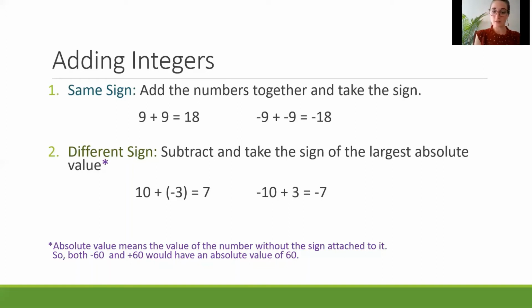So I would go -10, -9, -8, -7. There's our answer. So these are rules that you can apply to all types of adding integers and all sizes of numbers. But when you're getting started on this concept, it may be easier to work with that number line just to make sure you're getting that visual and concept in your head.